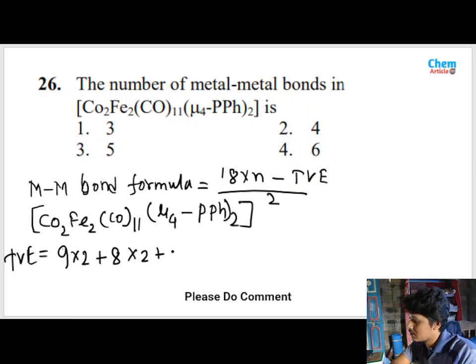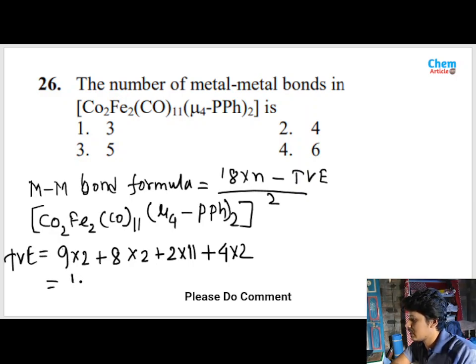Carbon monoxide gives 2 electrons, and a total of 11 CO are present. PPh has 4 electrons, twice 2.